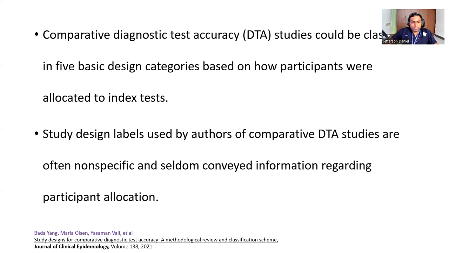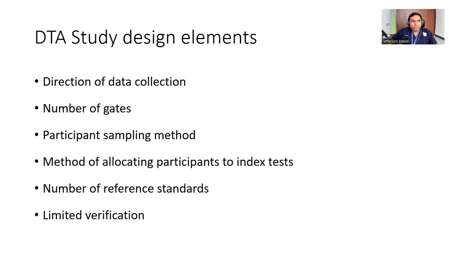Okay, and it's very important to know because each study author will be using different names for different study designs. They'll be calling it by their own terms, and if you're not aware, when you're actually doing study design, you'll get confused. Okay, so before designing or labeling a particular comparative study design into a particular name, you need to look at all this.